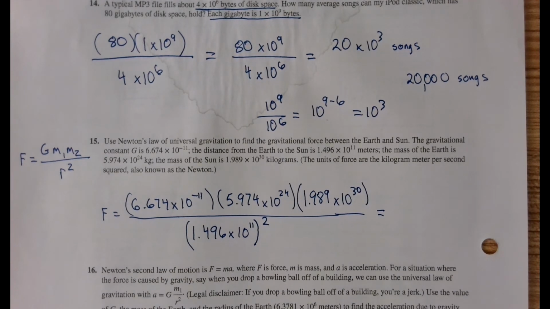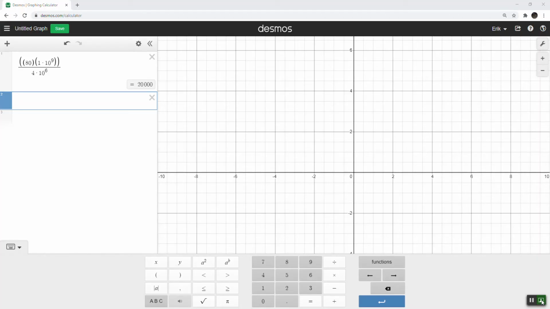Okay, I'm not going to try to do this by hand. I'm just going to jump straight to Desmos and type that whole thing in. One of the advantages of Desmos is you can see what you're typing in to note if you've made a mistake. So here comes negative 11. So there's our first value. I'm going to use parentheses for each one of these scientific numbers, even though they're not actually necessary.